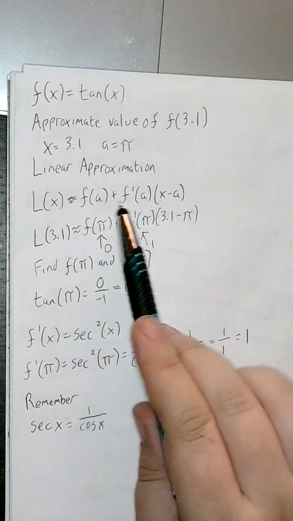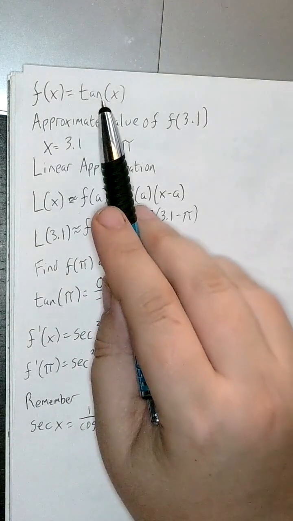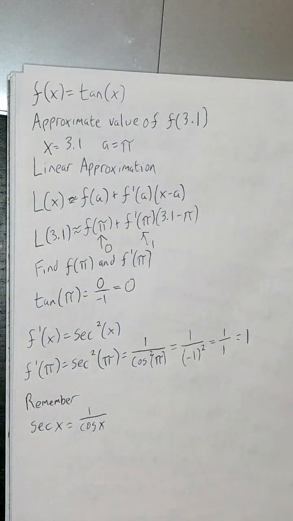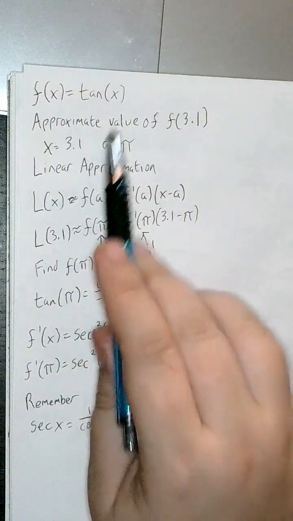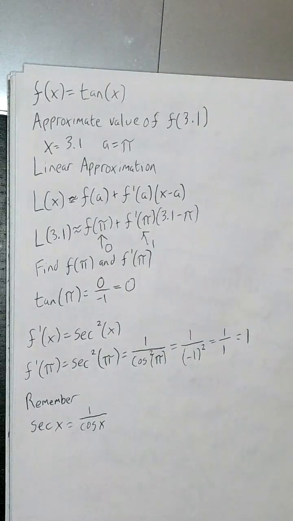In fact, this derives from what's called point slope form. But sometimes it's not going to be very clean. If I plug in 3.1 for x, tangent of 3.1, I can promise you, is not going to be very clean.